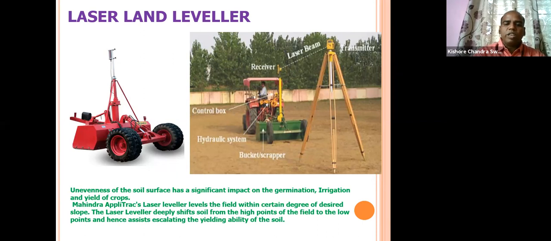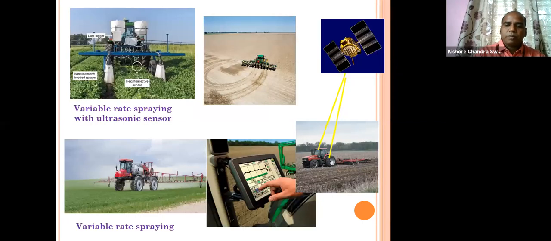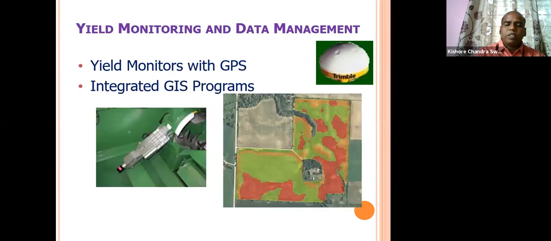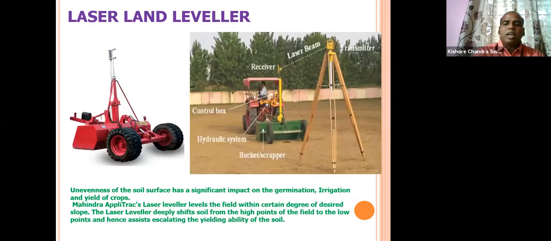So the fertilizer, nutrients, and water generally move from one side to the other, so the irrigation efficiency is low and there is loss of fertility. If you use a laser land leveler once in a couple of years, then you can level your field to the millimeter level, so that there will be no slope.